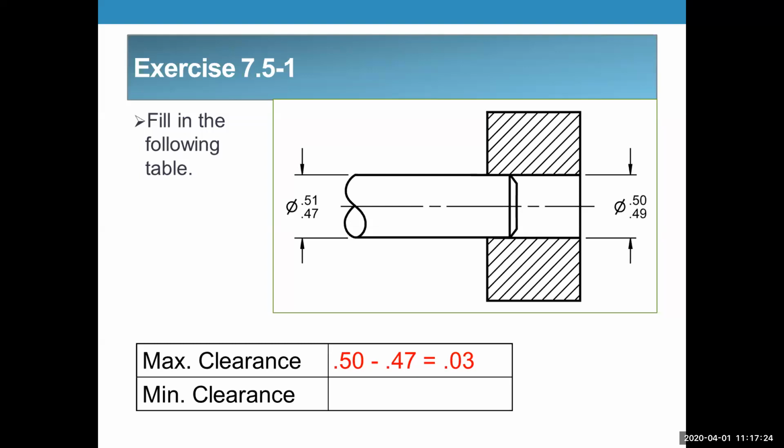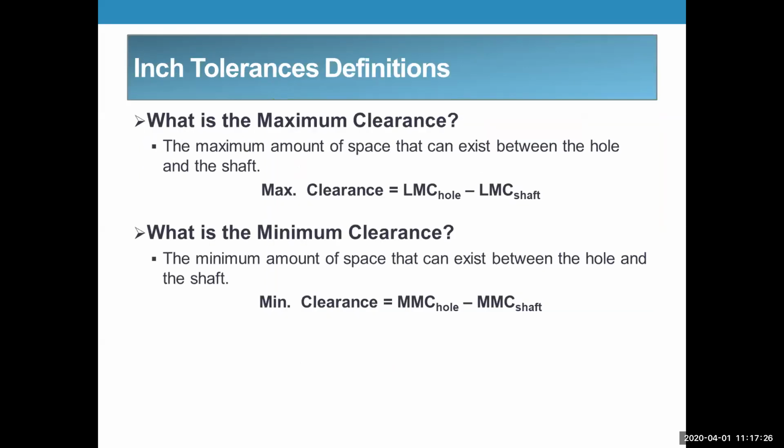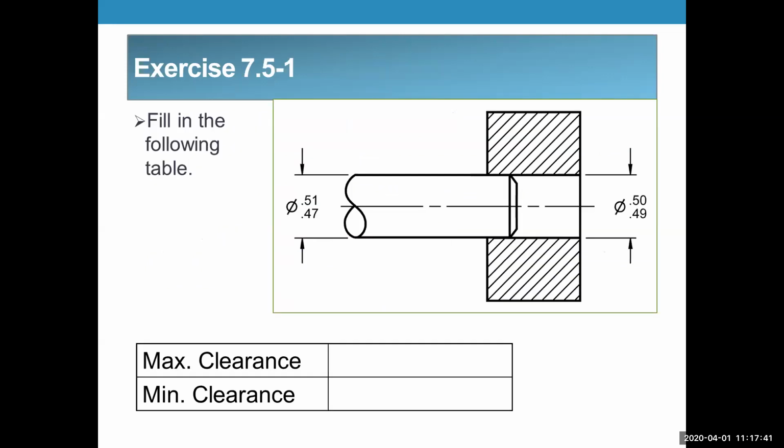Negative 0.02. Yeah, because if you look at this information, you see the minimum clearance is the maximum material condition of the hole minus the shaft. Hole minus the shaft on both of them. So if you go back to this one and you take the hole minus the shaft, it's 0.49 minus 0.51. So your minimum clearance is going to be minus 0.02.